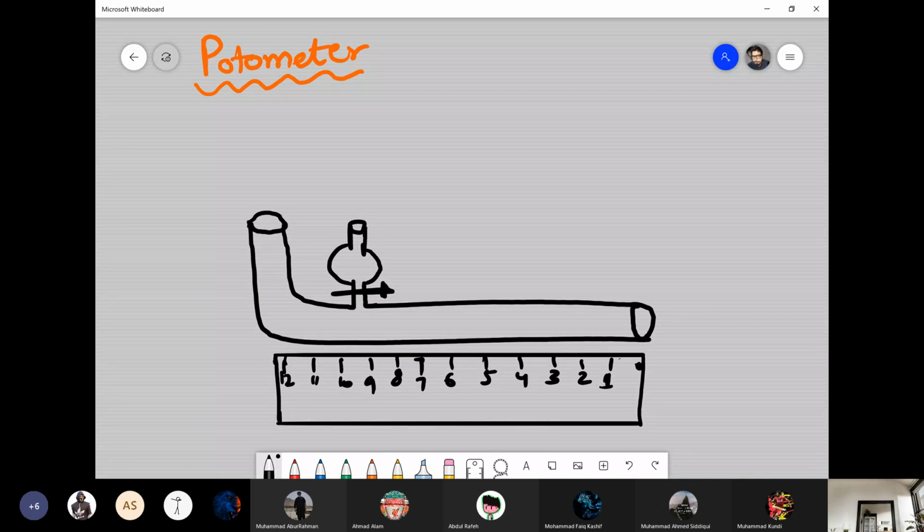Let's suppose that it's written centimeter on it. Now, boys, we'll fill this potometer with the help of water.